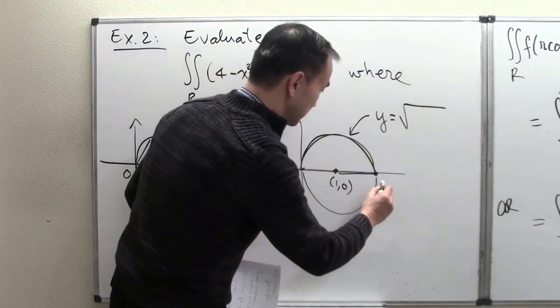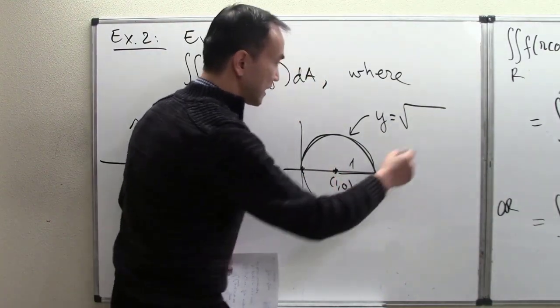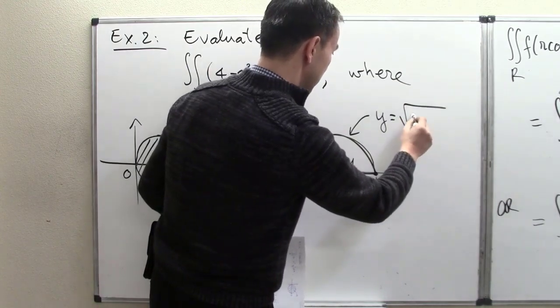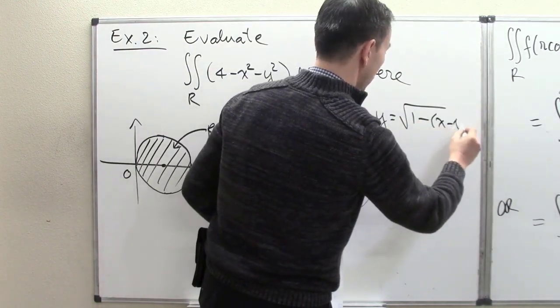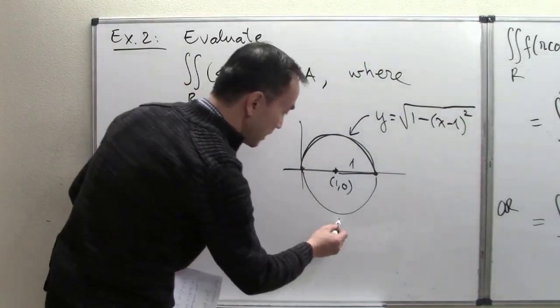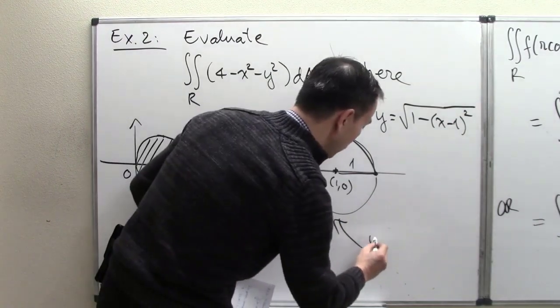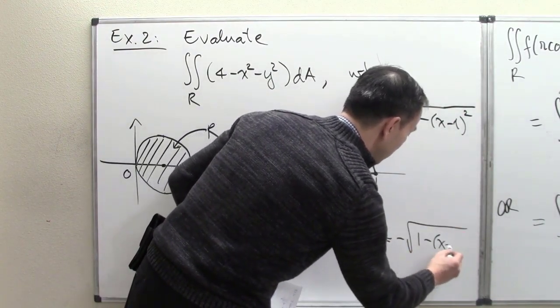That means from the center of the circle, the radius is 1. So it's going to be y equals the square root of 1 minus (x minus 1) all squared. And then the bottom curve here is going to be y equals the negative square root of 1 minus (x minus 1) all squared.